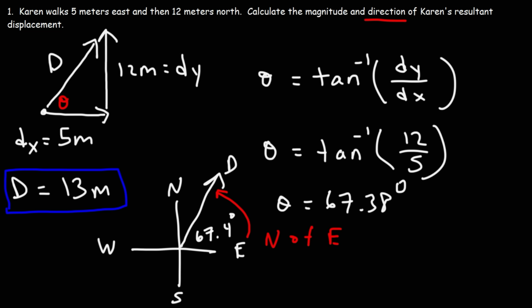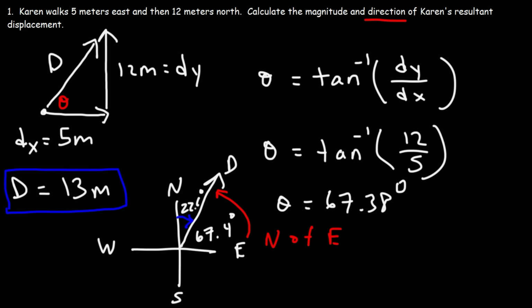Now, if you find the complement of that angle, 90 minus 67.4, this part here is 22.6. So we can also say that it's 22.6 east of north.